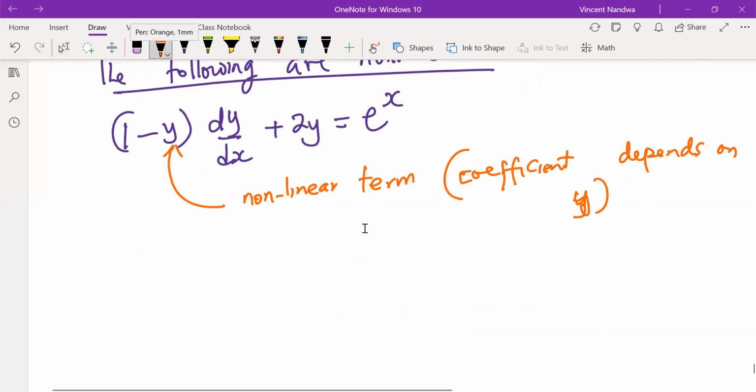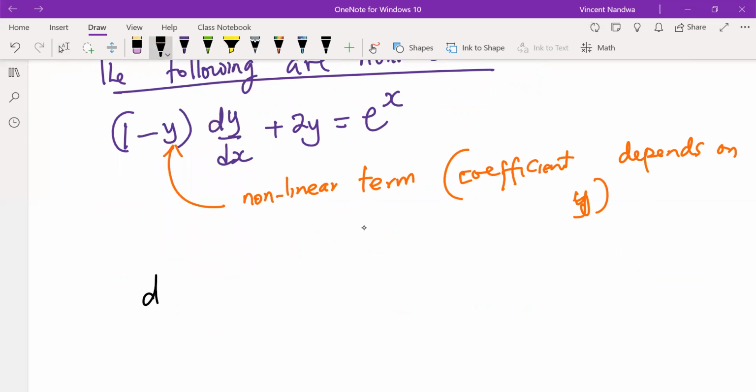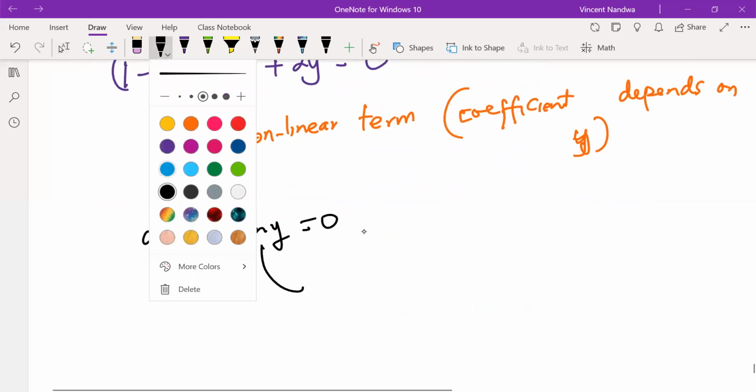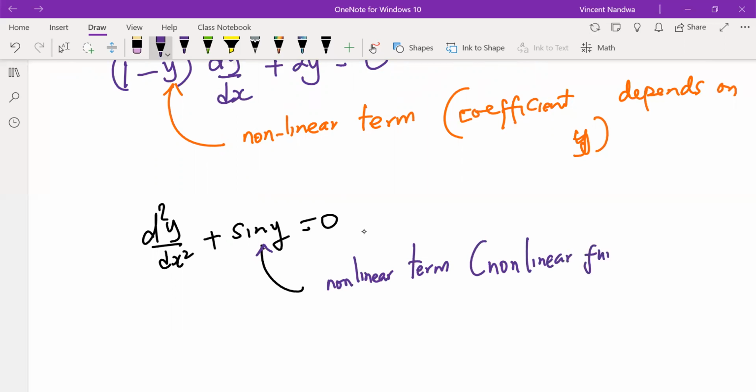And then 2, another example, d squared y/dx squared plus sine of y equals 0. So here, this is the nonlinear term, a nonlinear function of y.